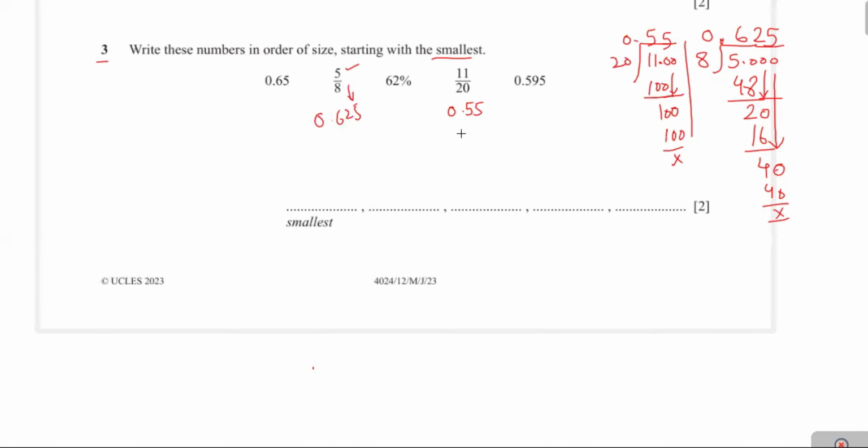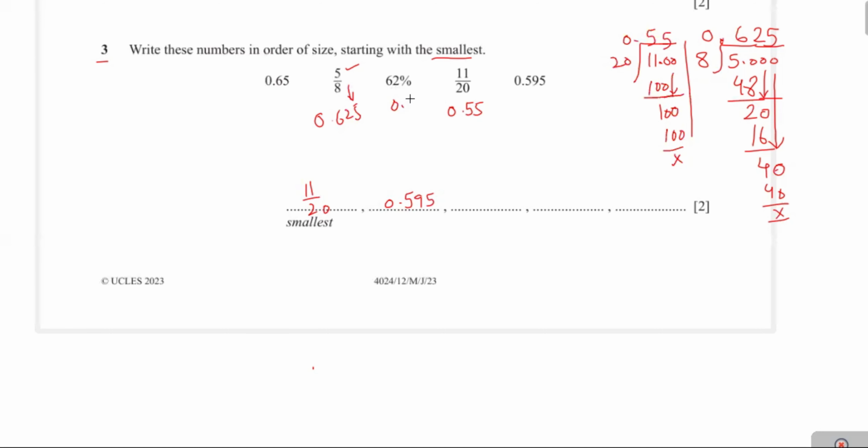Now we arrange all these numbers. Now you see here the smallest number is 0.55. Therefore, we write it as 11 over 20. Next is 0.595. And the next number is in percent.